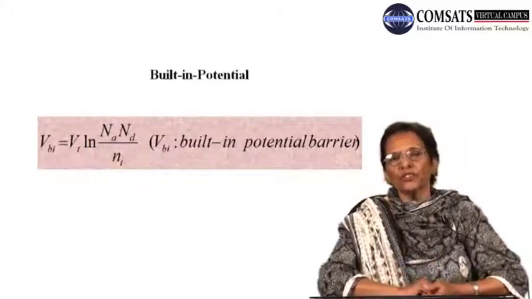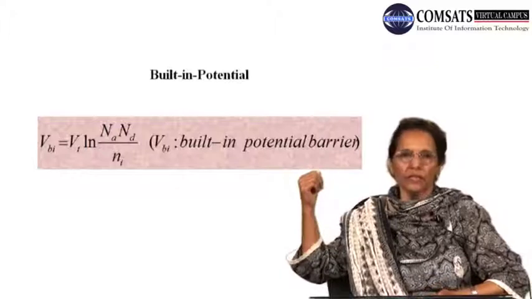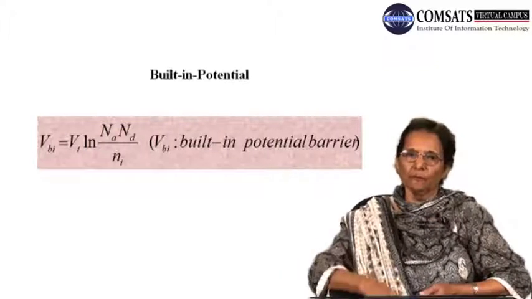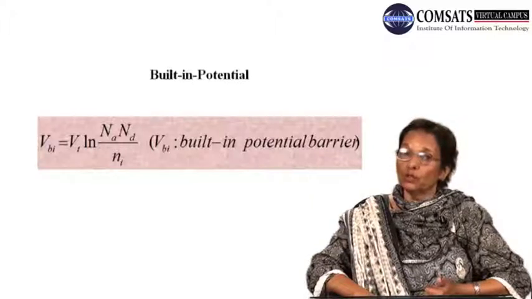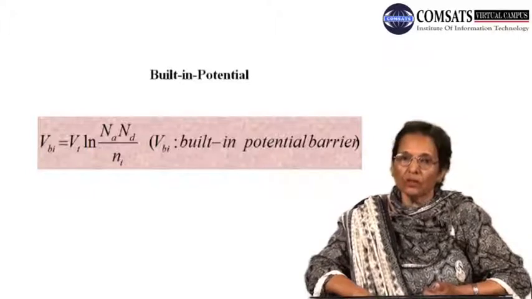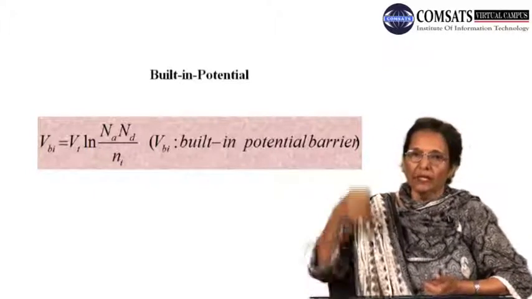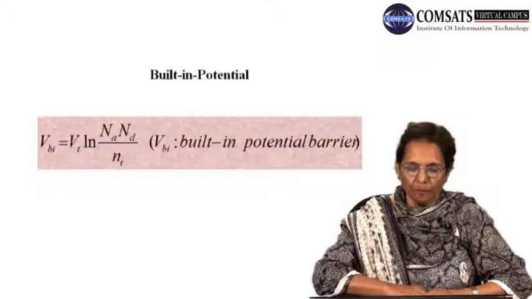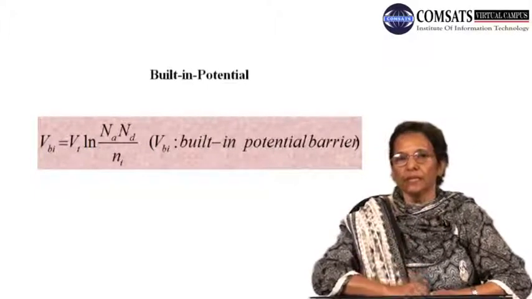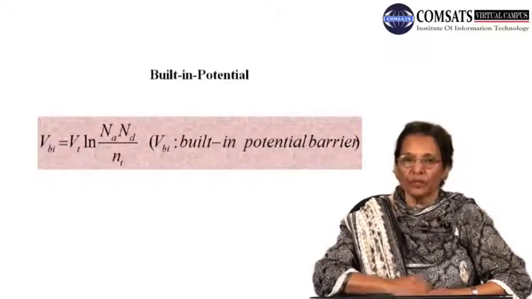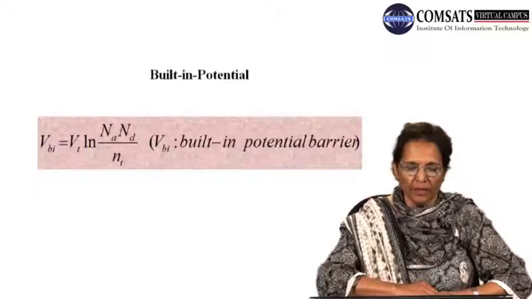So you can appreciate quantitatively this expression for the built-in potential. Therefore, it is going to be dependent upon the acceptor impurity that you have added on the P side and the donor impurity that you have added on the N side. Ni square is the carrier concentration in the intrinsic material, which I just explained.